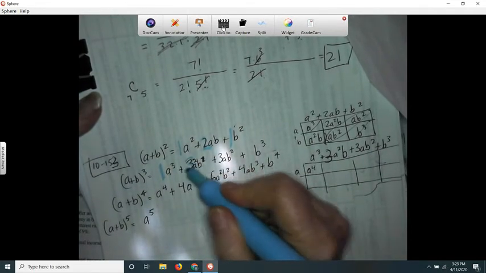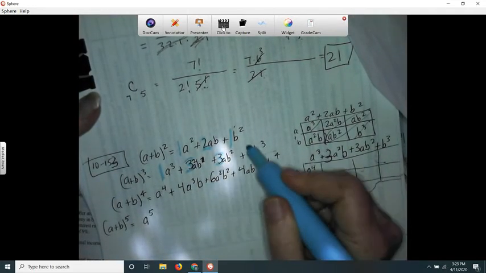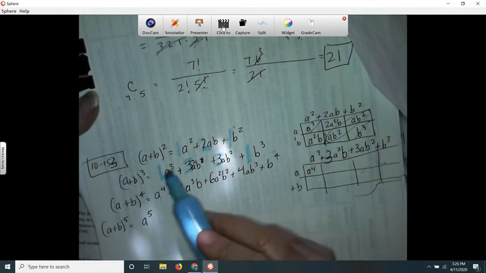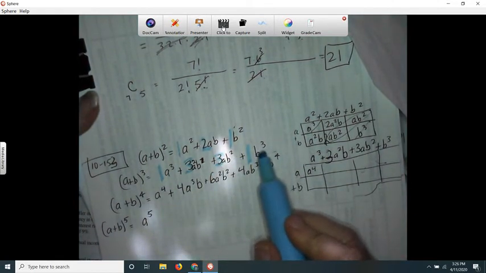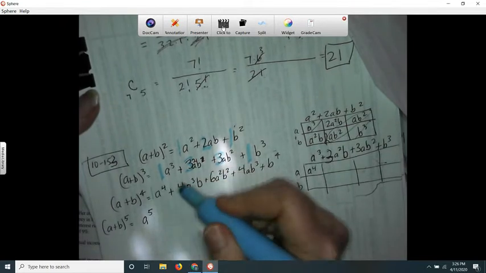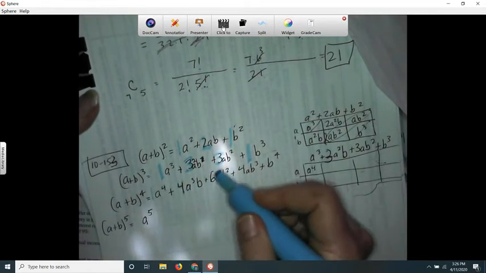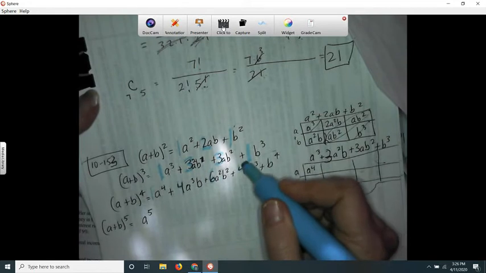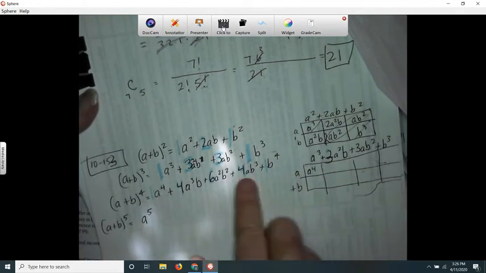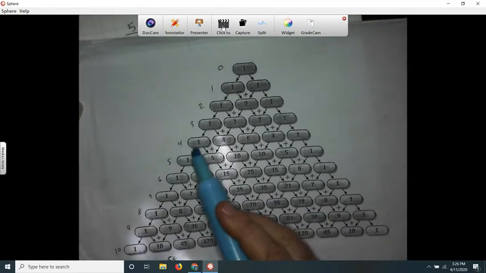This is 1, 4, 6, 4, 1, isn't it? Look. 1, 4, 6, 4, 1. What? So these are the coefficients of a plus b to the fourth.